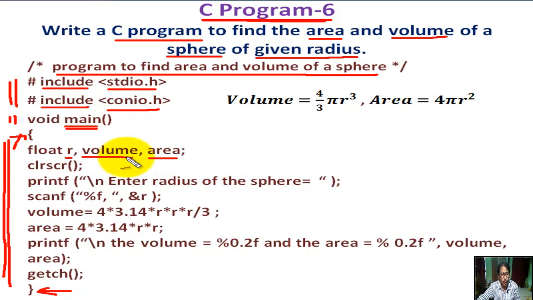Okay, we declare three floating variables: float r, comma, volume, comma, area, semicolon. At the end of the line, this is a semicolon. Here these are small letters.